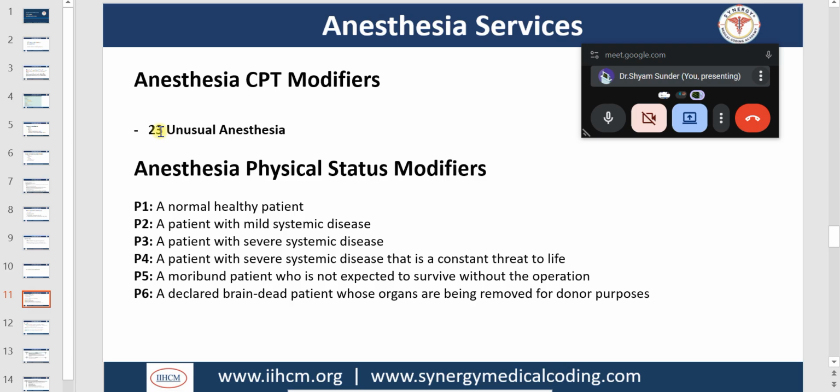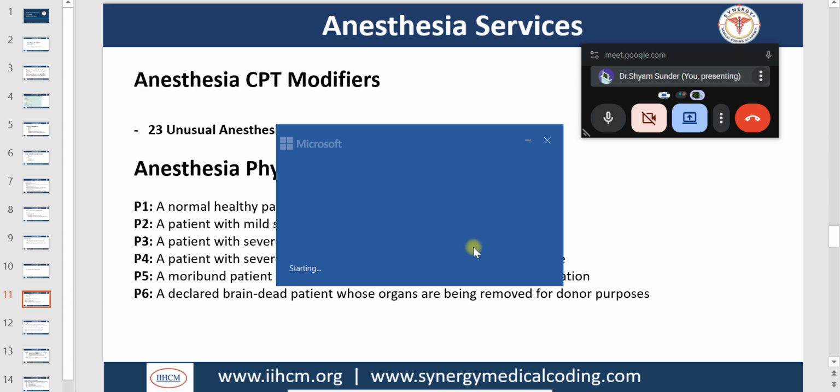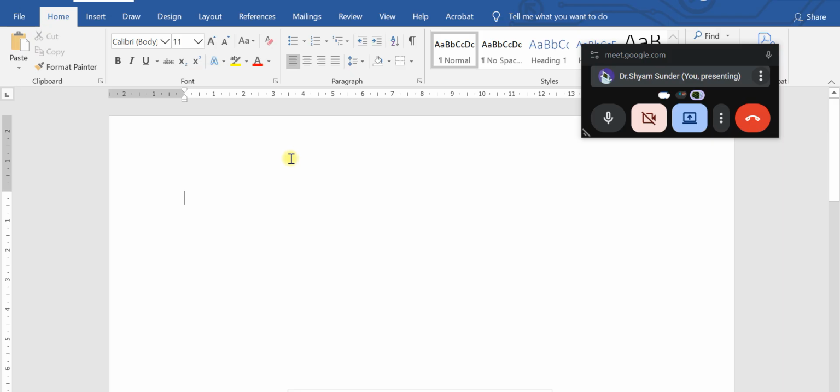All right. So we have other modifiers, what you call physical status modifiers. Anesthesia physical status modifiers. So this is the anesthesia service.